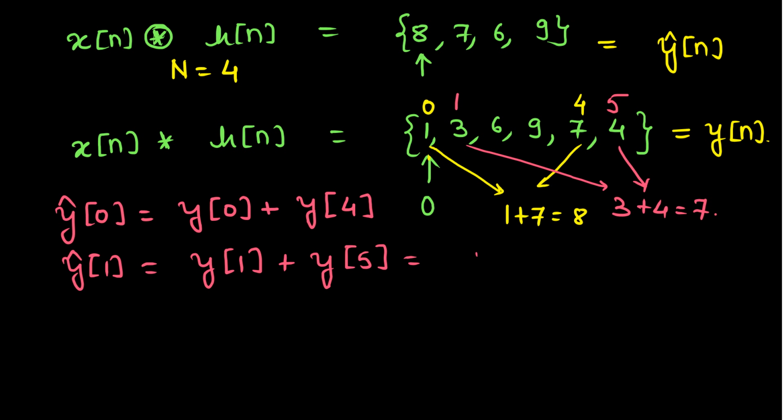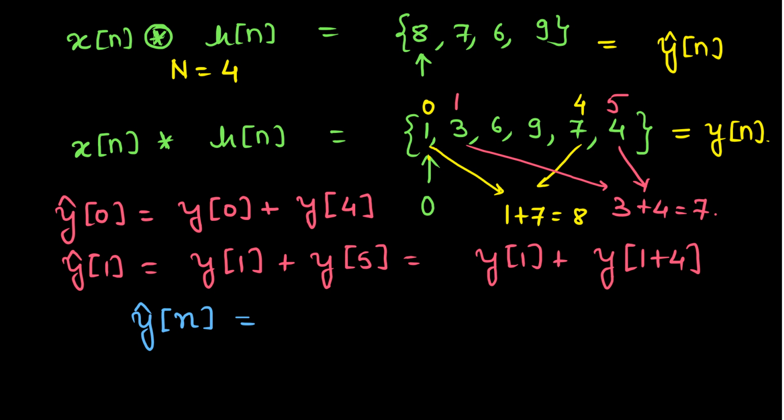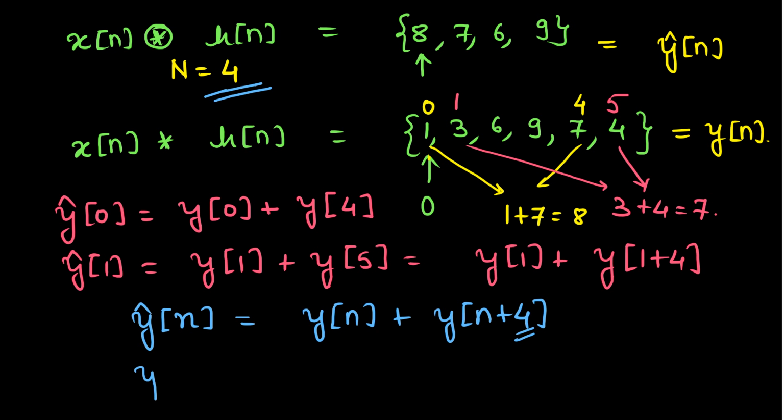Now we can write this as y of 1 plus y of 1 plus 4, or in general we can write it as y hat of n is equal to y of n plus y of n plus 4. So this 4 is basically the value of N that we have considered. So basically it is y hat of n equal to y of n plus y of n plus capital N.